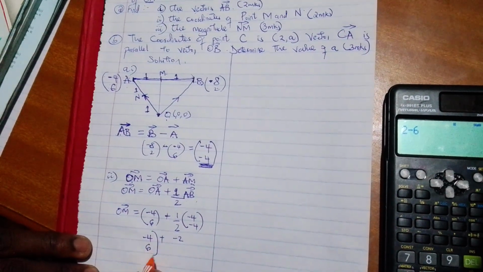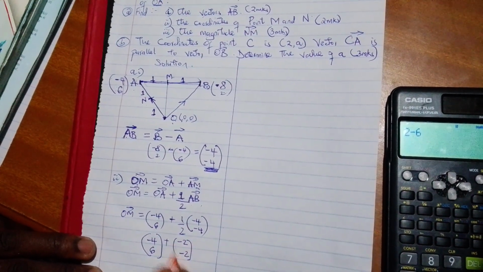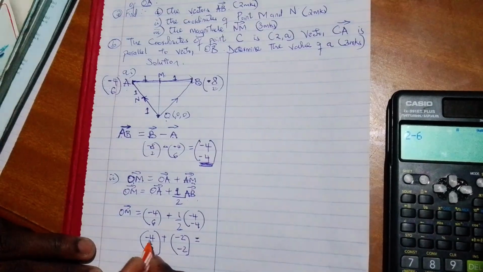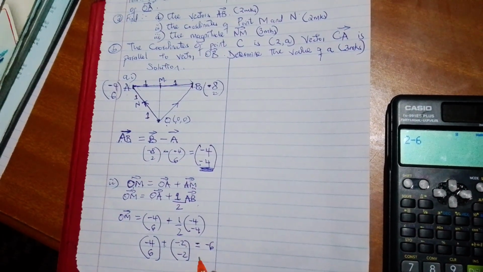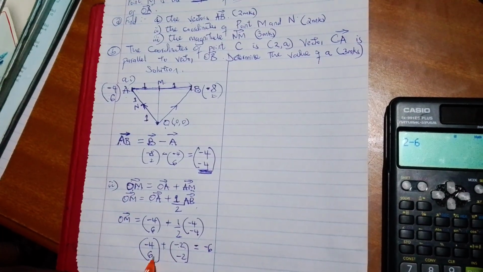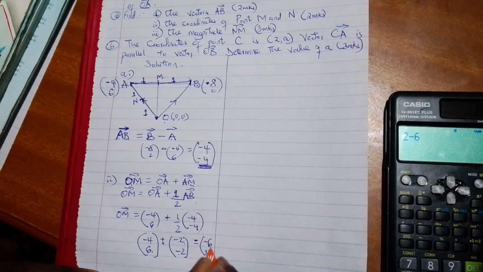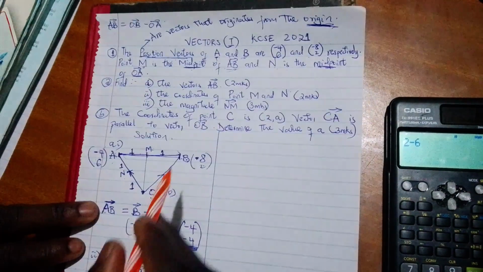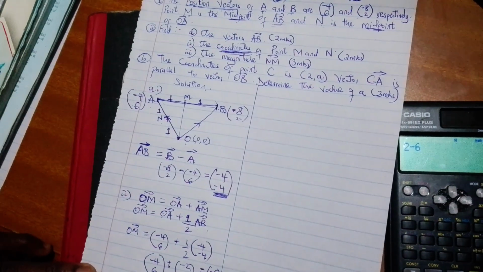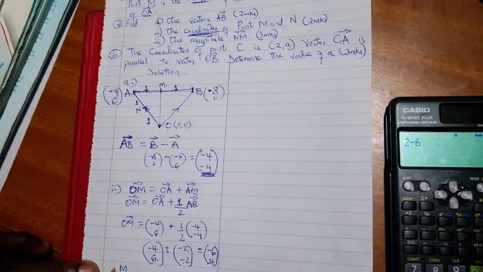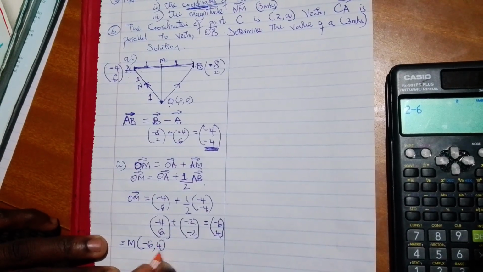Then half times negative 4, that is negative 2. So your answer will be negative 4 plus negative 2, that is negative 6. Always use a calculator, please. Then 6 plus negative 2, that is 4. Because they want the coordinates, you write your answer in coordinate form. So M is negative 6, comma 4.